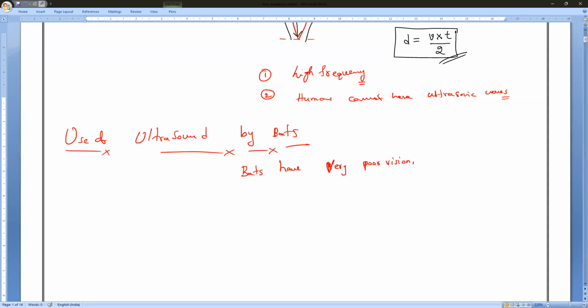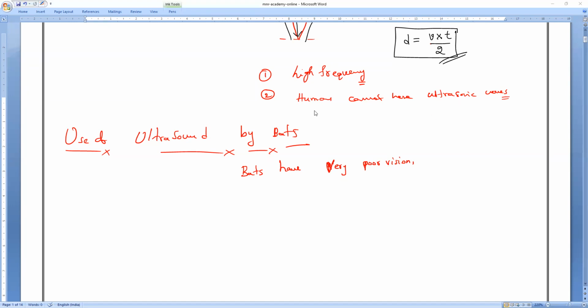With that vision they cannot hunt, they cannot escape from predators, and they cannot even survive. So for multiple purposes, like escaping from predators as well as hunting and catching prey, in both cases they use ultrasounds, and bats can fly even at full speed without striking any obstacle.